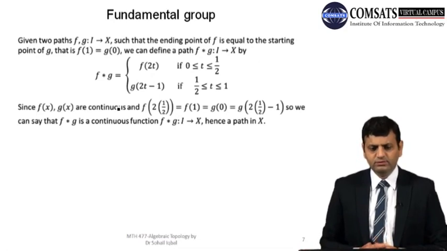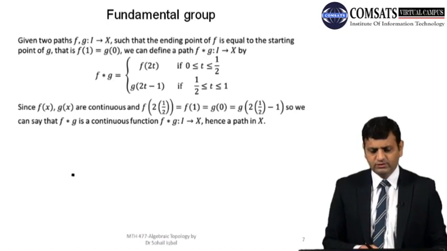Now given two paths such that the ending point of f is equal to the starting point of g, that is f(1) = g(0), we can define a path which is basically the composition of the paths. In general this discussion applies to loops as well, but we are trying to see how to compose two paths.